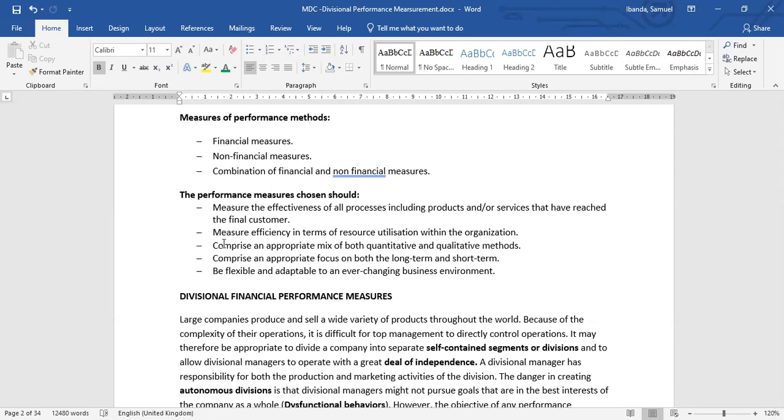And then the others, you should measure efficiency in terms of resource utilization. They should comprise an appropriate mix of both qualitative and quantitative, which is both financial and non-financial. And then they should also have a long-term and short-term perspective. And then they should also be flexible and adaptable to the changing business environment.